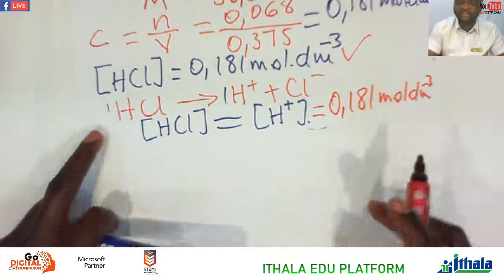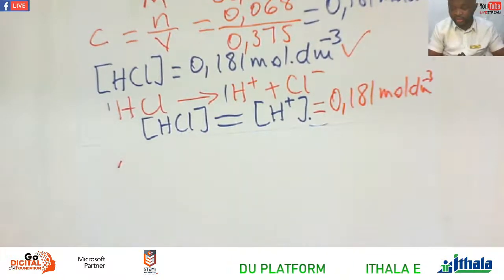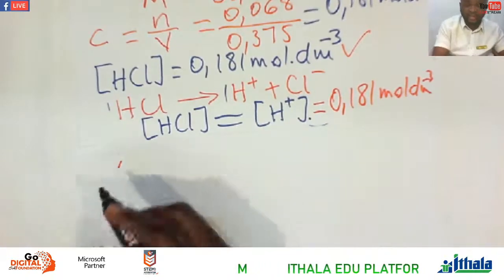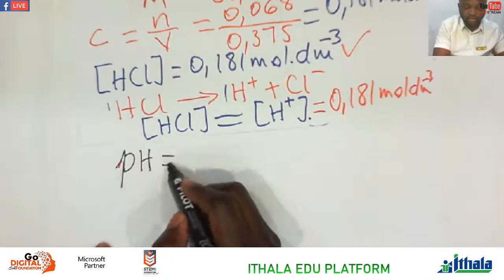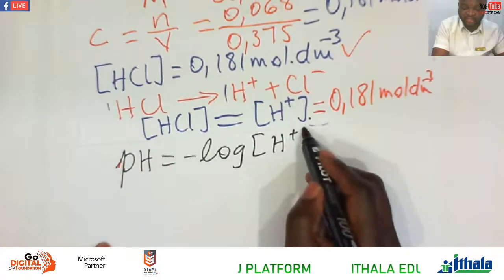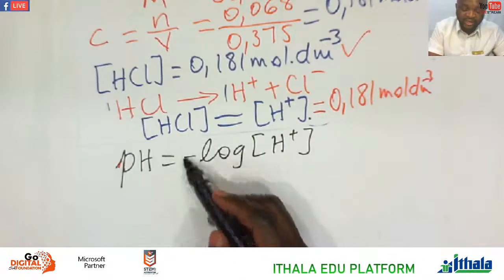Njengoba sina concentration ka H+, then singa calculator in pH. Ngoba pH yona si calculator as pH is equal to minus log a concentration ka H+. Sesiyamazi phela H+ ngoba simthole from a concentration ka HCl.